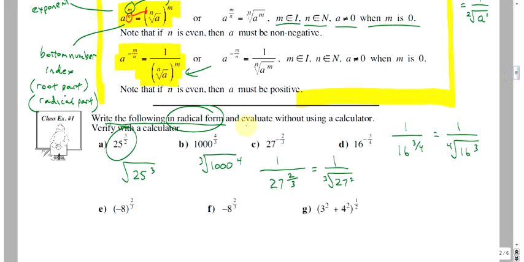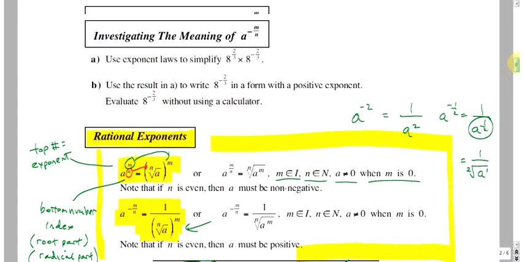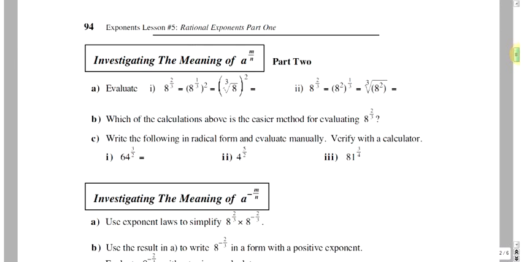Okay. Evaluate without a calculator. Because I can put it in my calculator and cheat. Let's go back up here. All right. Evaluate. Here's a little trick. Try to remember this. Because 8 to the 2/3, guys, I can't do that in my head. But I know I can split up 2/3 into 1/3 times 2, right? What's 1/3 times 2?